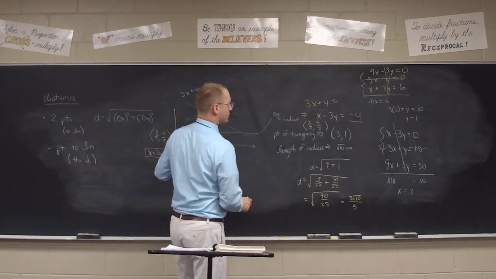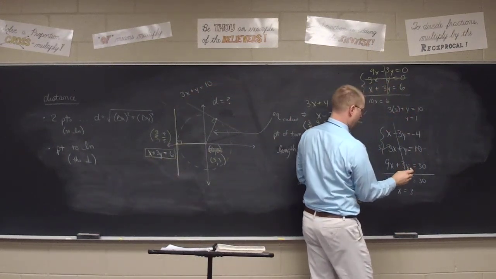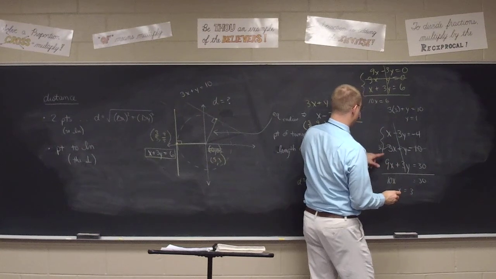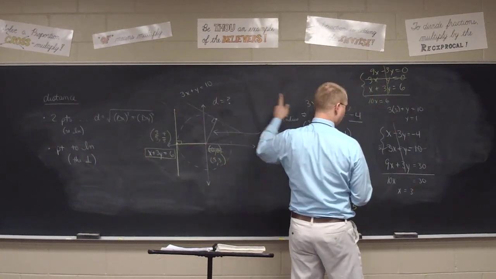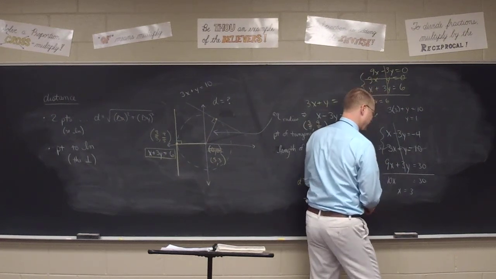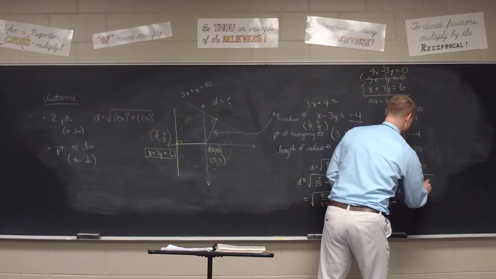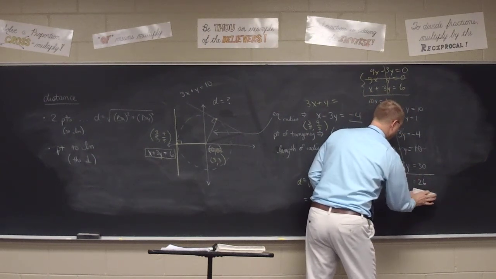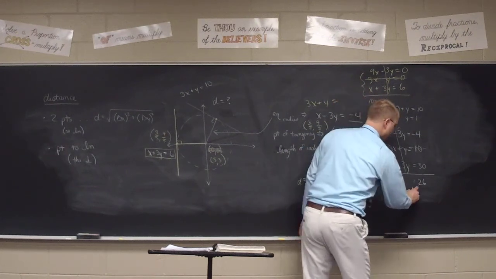All right, and so putting a -4 here gives me a 10x equals 26. That's hideous, and so now x doesn't work out nearly as nice. 13/5.